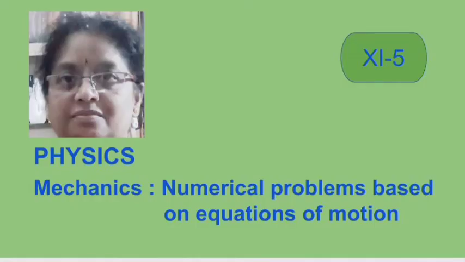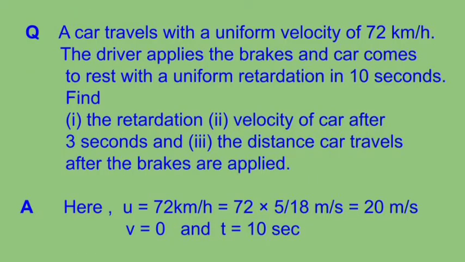See the first problem. A car travels with a uniform velocity of 72 km per hour. The driver applies the brakes and the car comes to rest with a uniform retardation in 10 seconds.